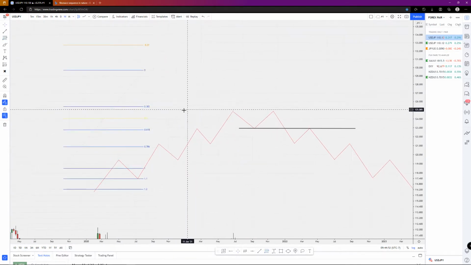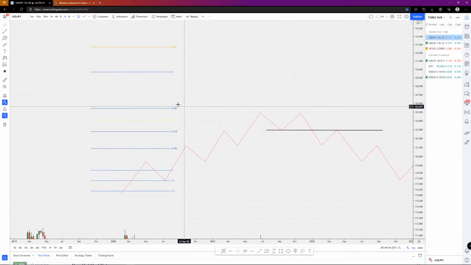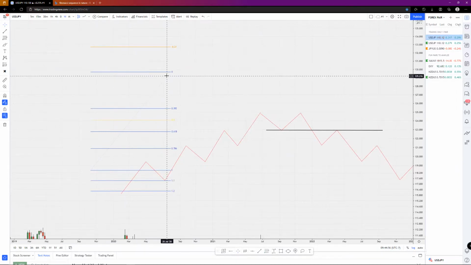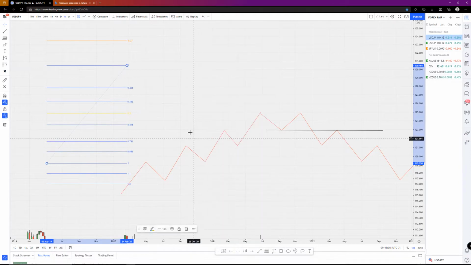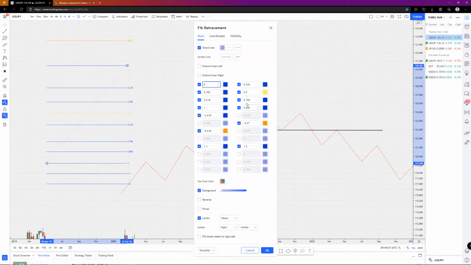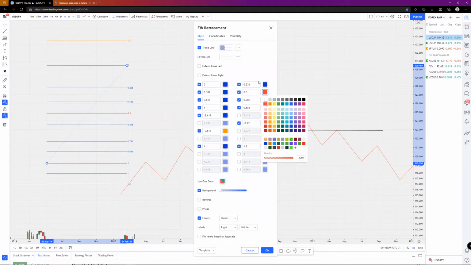The PRZ zones are possible reversal zones, possible reversal areas. And I'm going to show you the ones I'm talking about right now. So basically, this is all of the Fibonacci sequence, I will say. And I'll change this color just so you guys can see everything. And I'll change these down here.